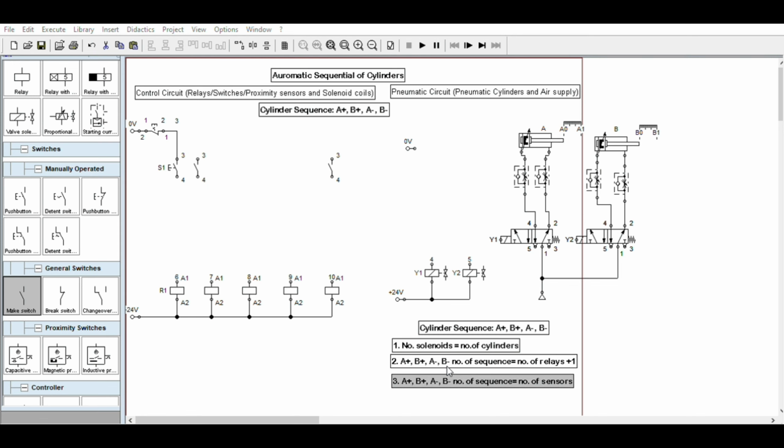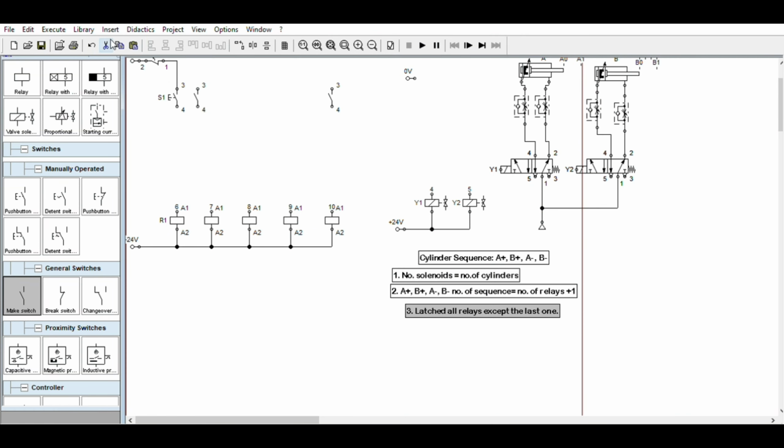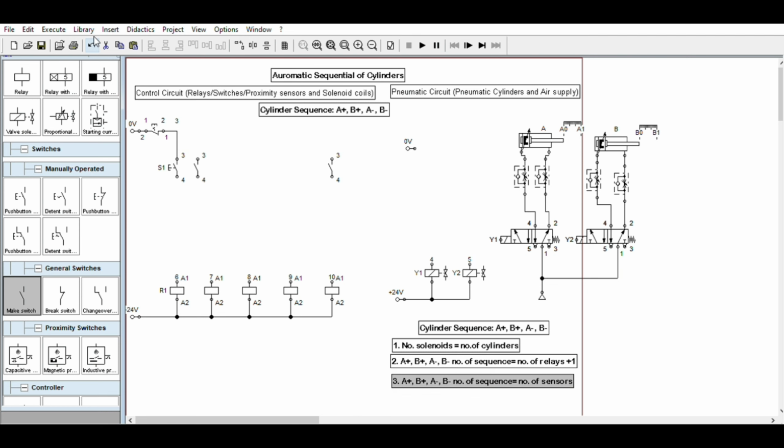So we will latch all the relays except the last one. And the last relay is the reset relay.